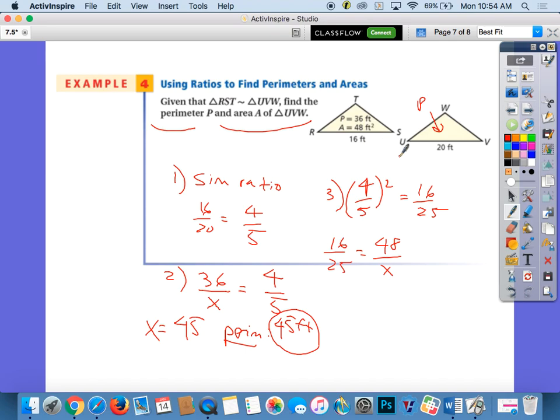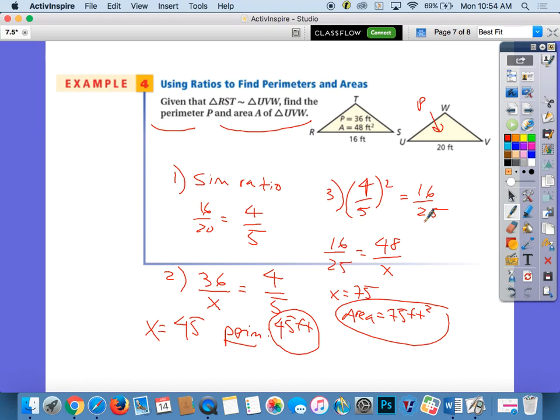Cross multiply, simplify, you get x equals 75. So the area is going to be 75 feet squared. If I put 48 over 75, it simplifies to 16 over 25. If I take the square root of 16 over 25, it simplifies to my similarity ratio.